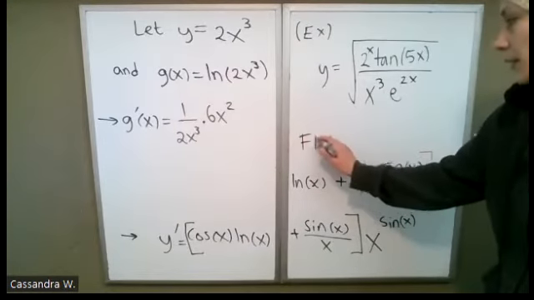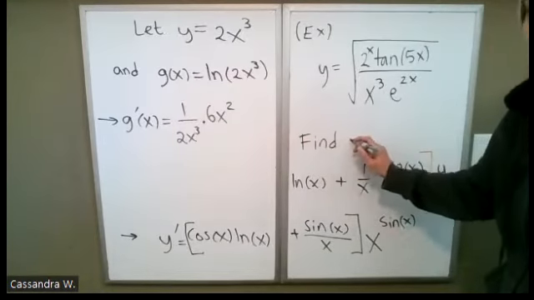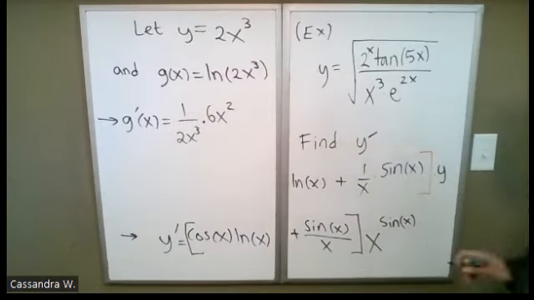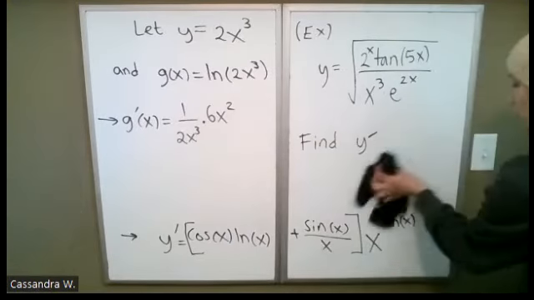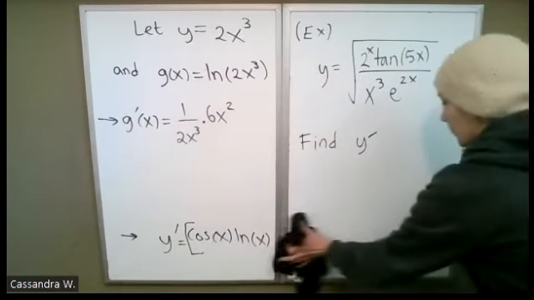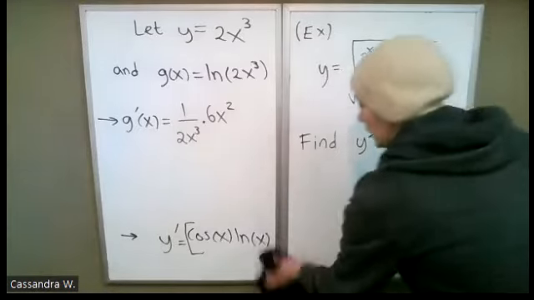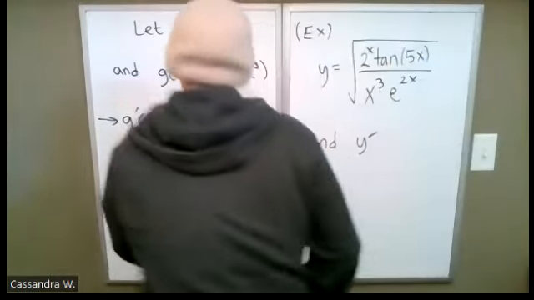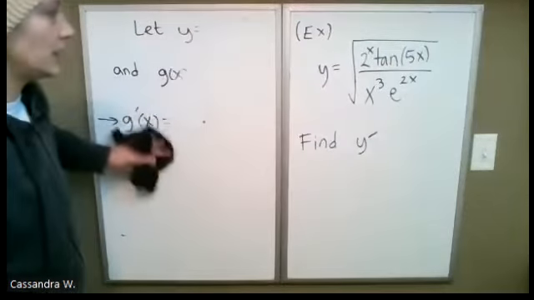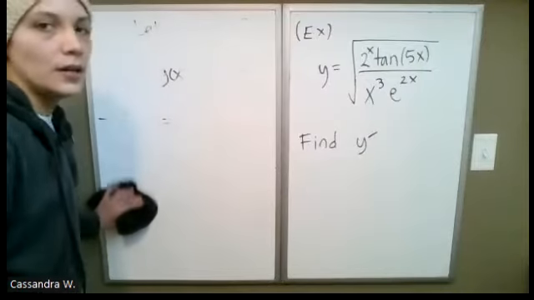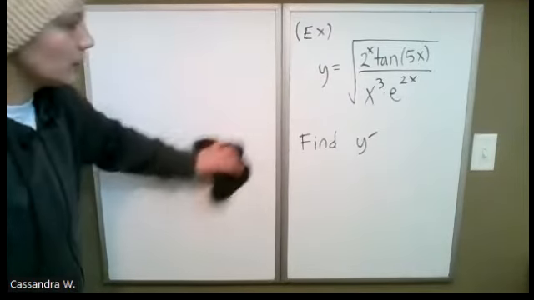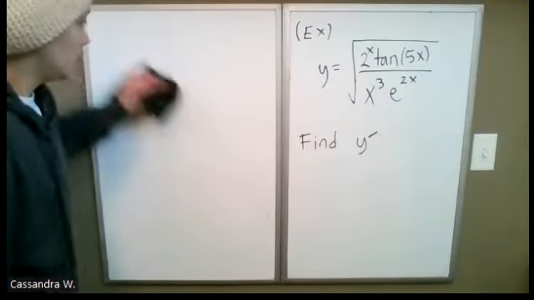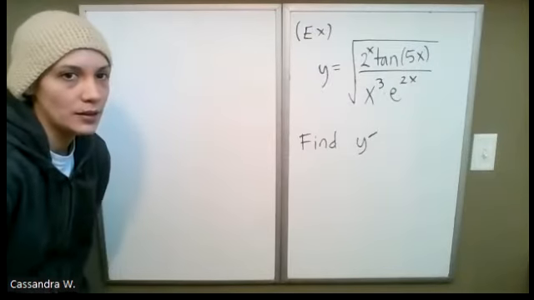And we'll get the derivative, y prime. Okay, so I think what's going on is if I rewrite the root as a 1/2 power, and then go through the steps, we could get that y prime.